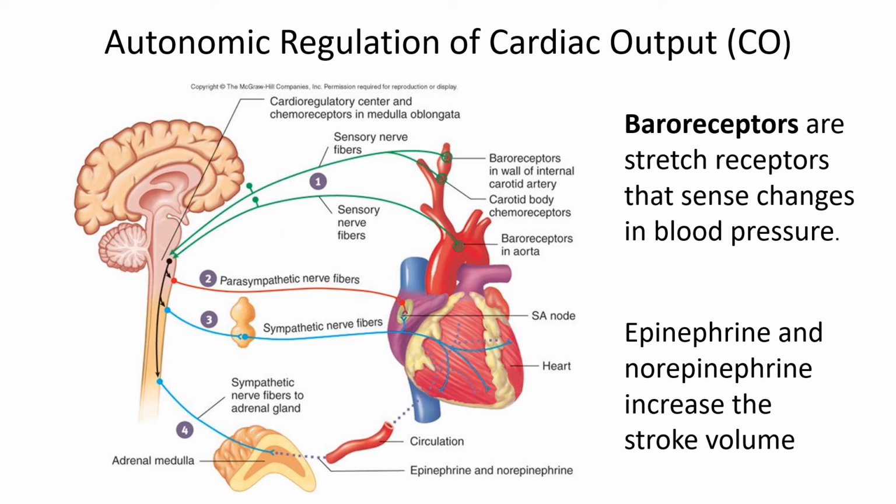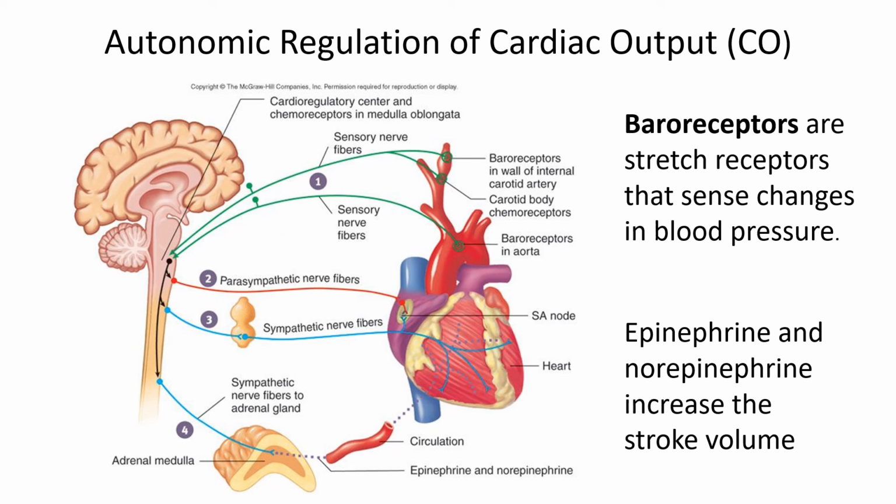Embedded within the walls of the aorta and the walls of the carotid artery, we have structures called baroreceptors. These are stretch receptors. When they're stretched, they fire off a signal back to the medulla oblongata. They are monitoring blood pressure, and the medulla oblongata will send out an appropriate response via parasympathetic nerves or sympathetic nerves.